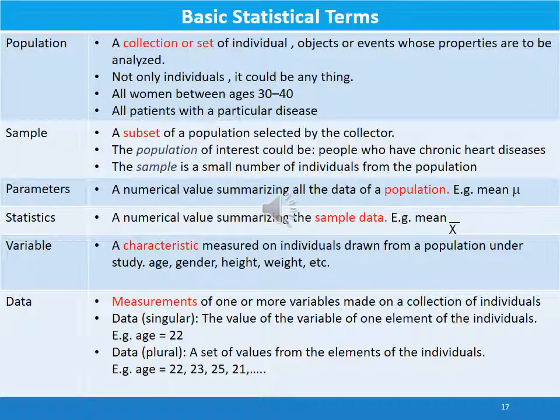It can be their age, their gender, height, weight, etc. On the other hand, data is the measurements of one or more variables made on a collection of individuals. Example, their age values, height values, or weight values.